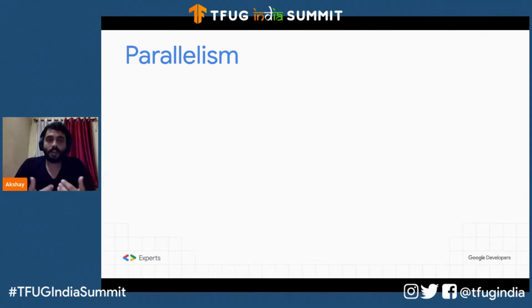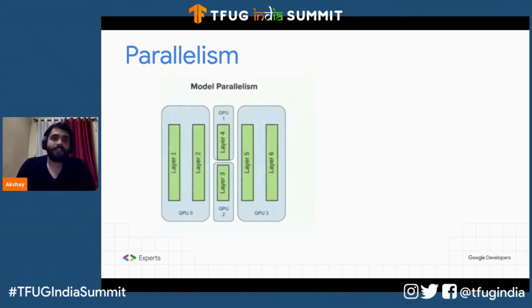So, of course, when we talk about distributed systems, you have to think about the concept of parallelism. And in distributed training, we also have different parallelism techniques. First is model parallelism, which means that within different GPUs, you can specify different layers. So let's say if you have 6 layers, GPU 0 can have the first 2 layers, and then going ahead, different GPUs will have different layers.